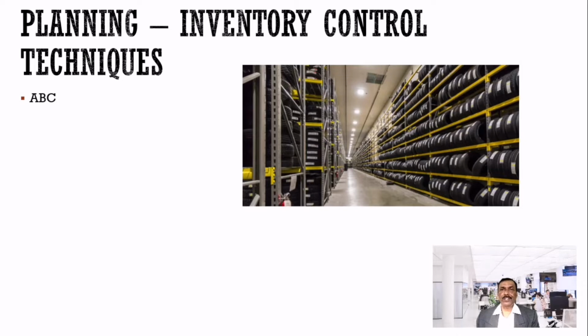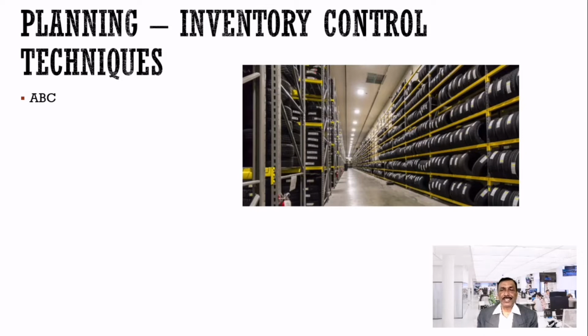It starts with the ABC classification. It started from Pareto analysis. Pareto is an Italian scientist who said, a few centuries back, that 20% of the people in the world control 80% of the wealth. Now that has been extrapolated for various activities.